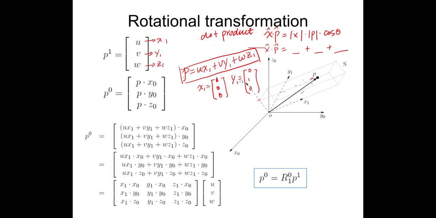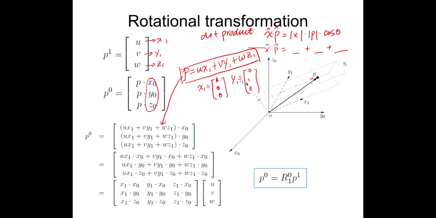Okay, so then we plug this p into the calculation. So if we want to calculate the vector p in the zero frame, knowing that p1 has u, v, w as its coordinates, then we can do this calculation. It means we have the vector and now we project it to the zero frame.